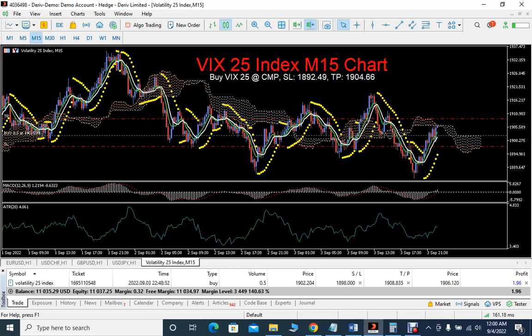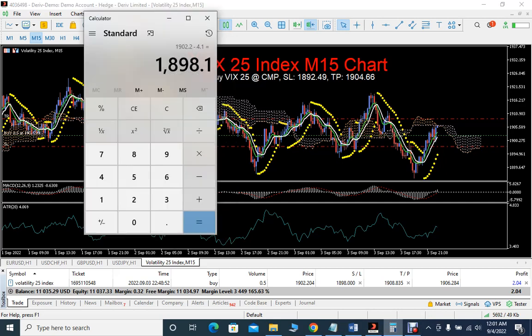So you have to add 8.10 to your entry price, which is 1902.20, and that becomes your take profit price.